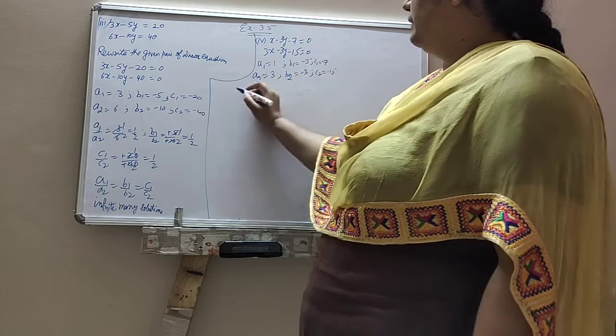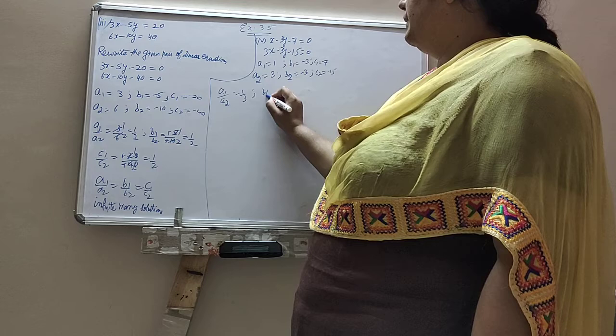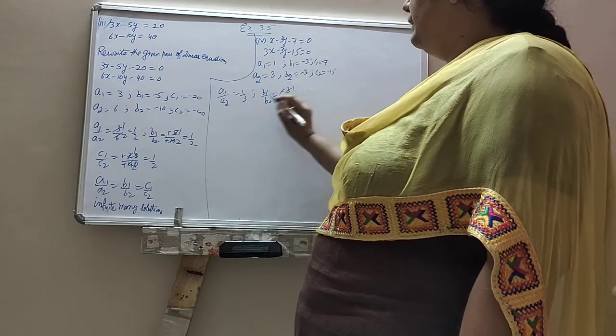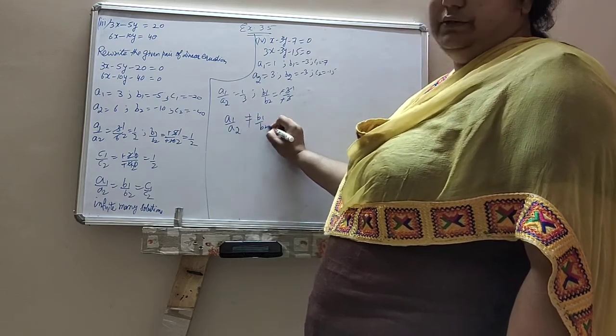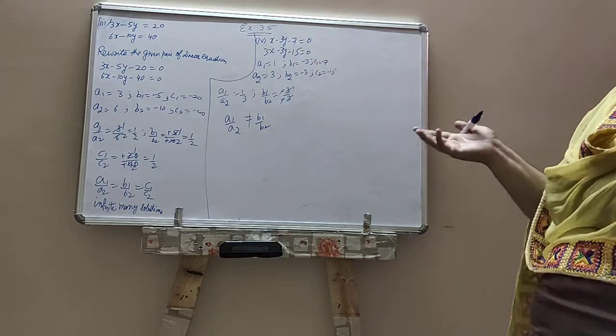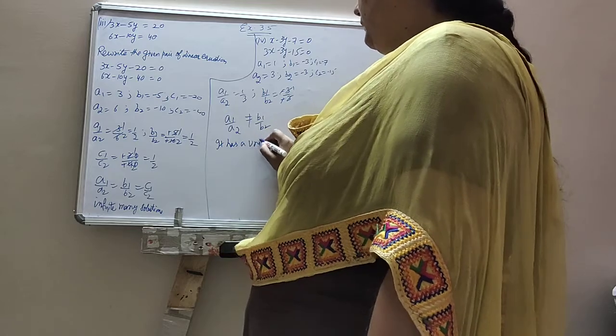So a1 by a2 is 1 by 3, b1 by b2 is minus 3 by 3, which cancels to minus 1. So here a1 by a2 is not equal to b1 by b2. So it has a unique solution.